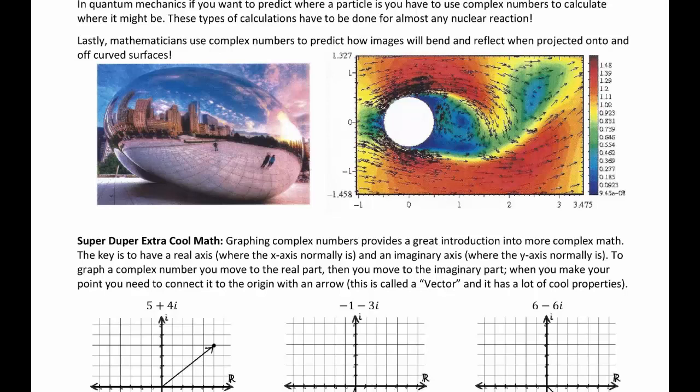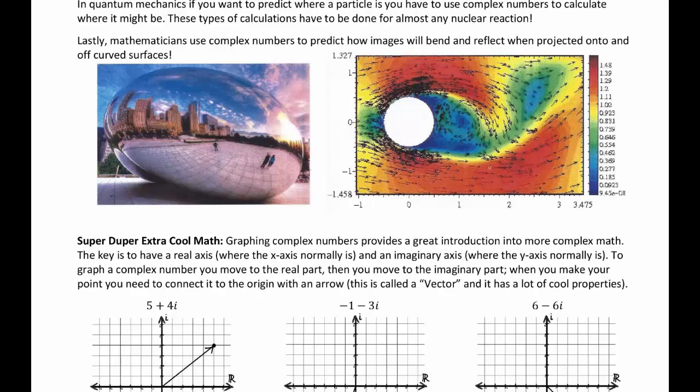Anything that has flow or oscillations, it is much easier to solve if you use complex numbers and imaginary numbers. So there's kind of a picture of water flowing around a post or something in the ocean, and so it would create these little vortices, and it could be high pressure, low pressure.